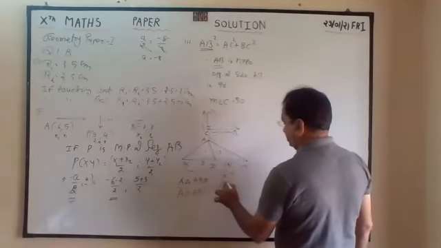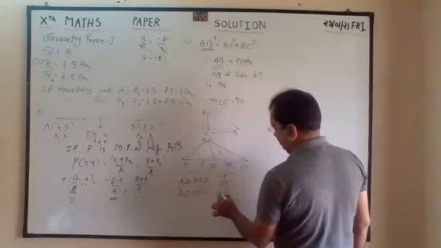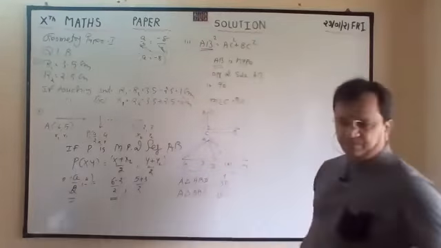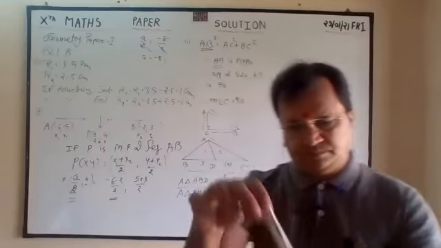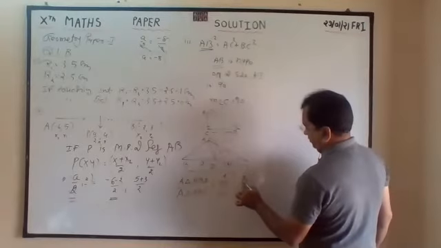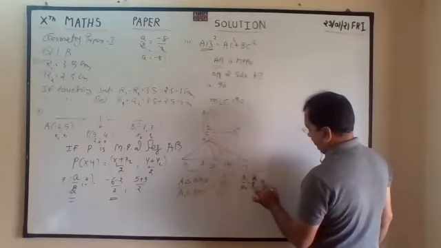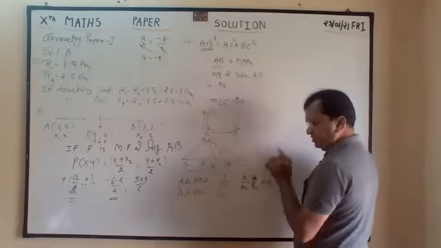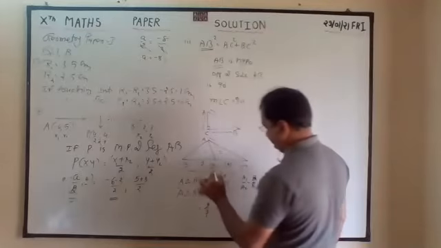Base by base, so remove A. So BD by BC. Area 1 by area 2 is equal to H1 base 1 by H2 base 2, when H1 is equal to H2. This is the reason. So 3 by 7.